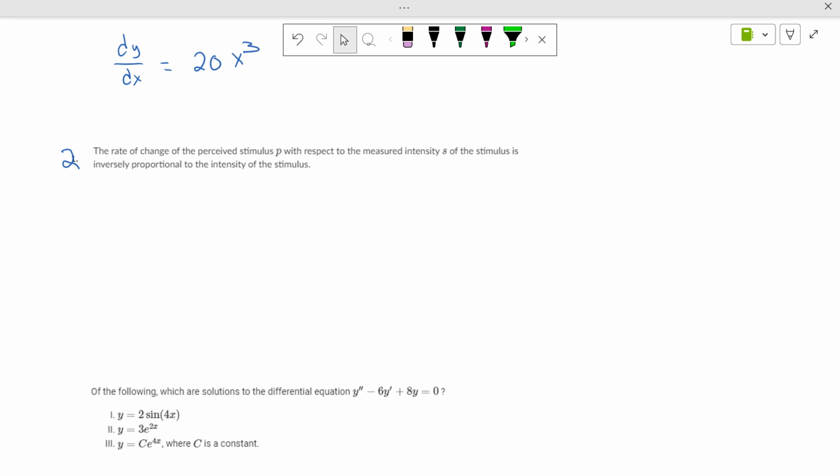So the rate of change of the perceived stimulus with respect to the intensity, dp/ds, equals, and then inversely proportional to the intensity. Are we good with that? So if it's directly proportional, it would be ks, but inversely is k over s.